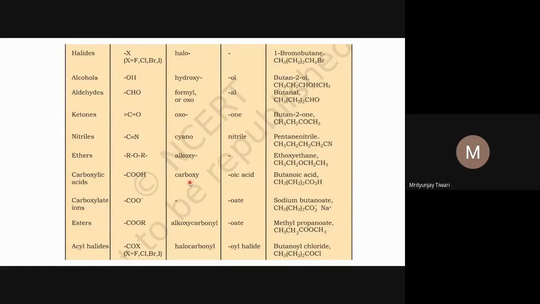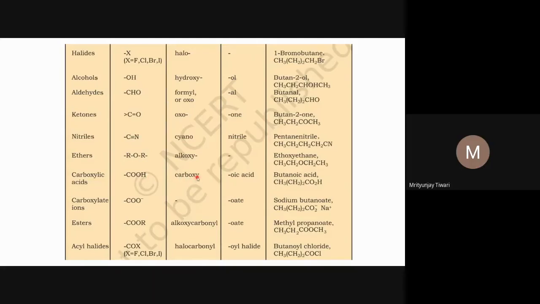This functional group we call the carboxylic acid. If it is the main functional group, and usually it is, since it is the most reactive functional group in an organic compound, we use the name ending oic acid.